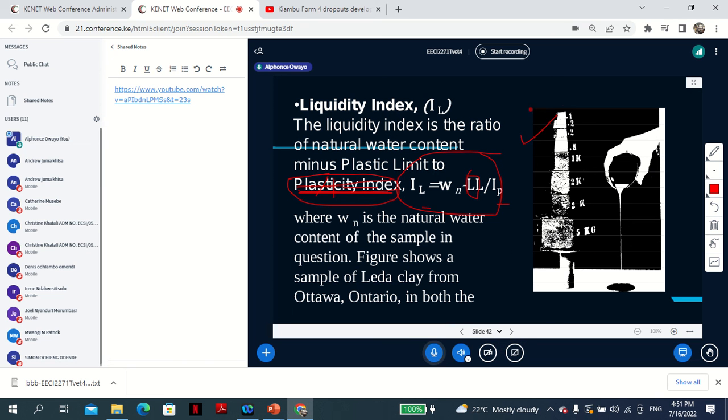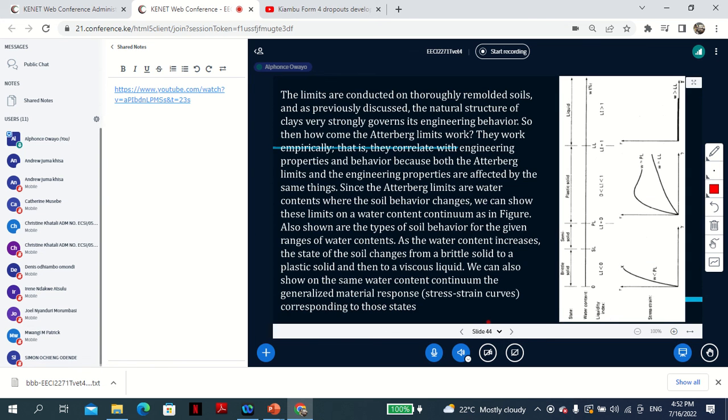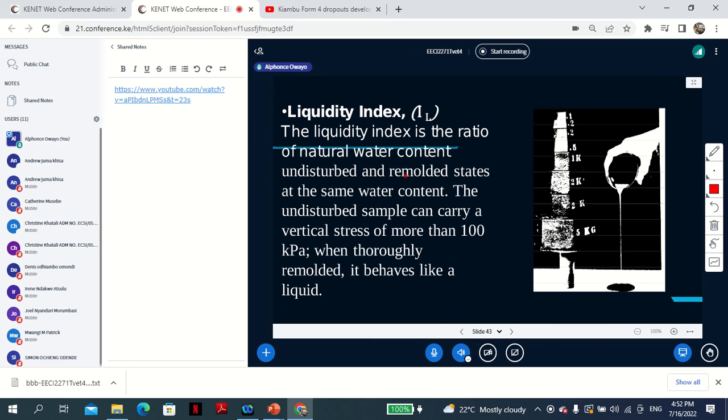This figure shows some soil from Ottawa in the US. And then we have the liquidity index, which is the ratio of natural water content and the remolded state.